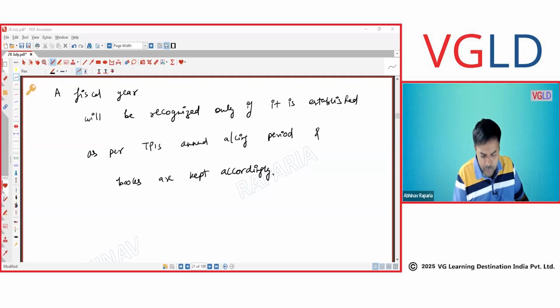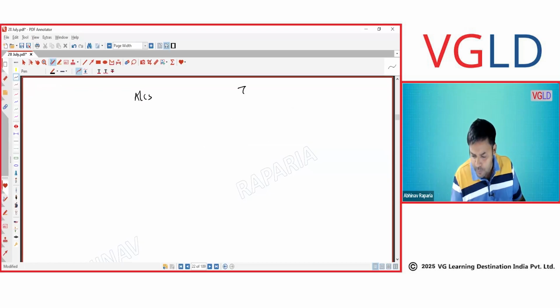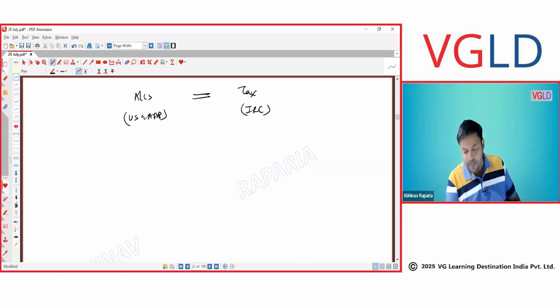The way it works in India, you generally keep two books of accounts. One is as per the accounts, and second as per the tax. When I say accounts, accounts means US GAAP. Tax means IRC. There are going to be some differences between the IRC and the US GAAP. These differences can be of two types.